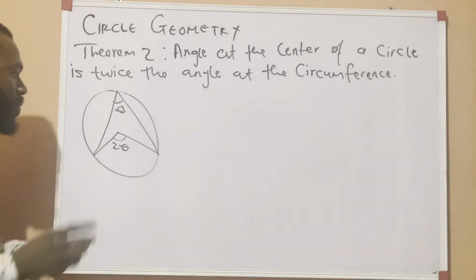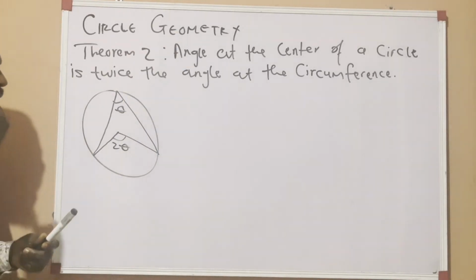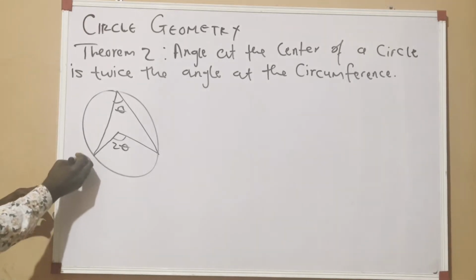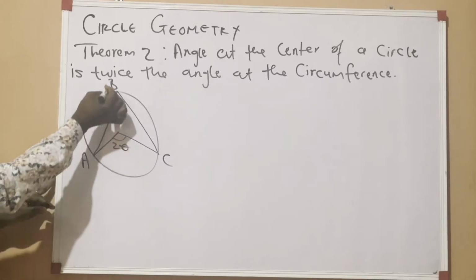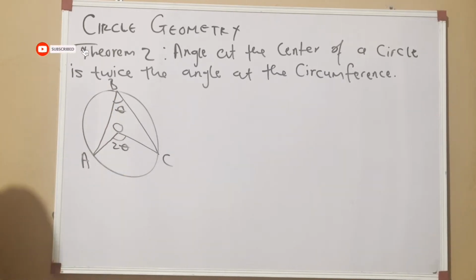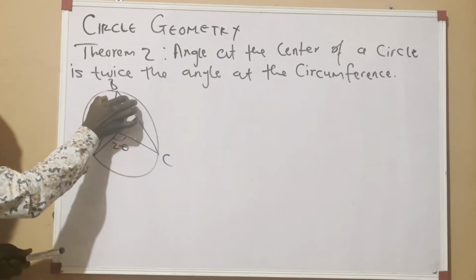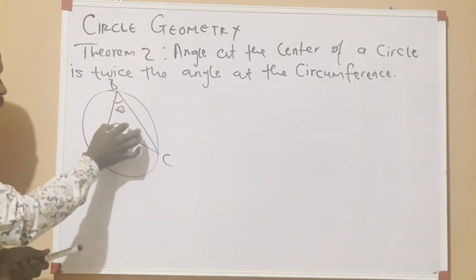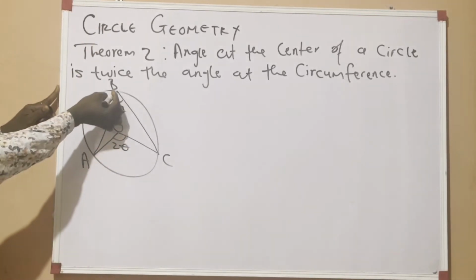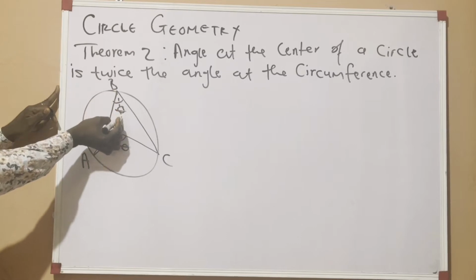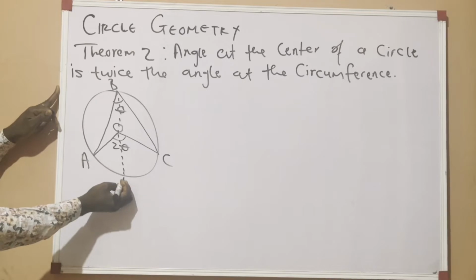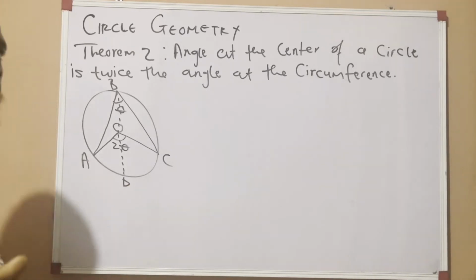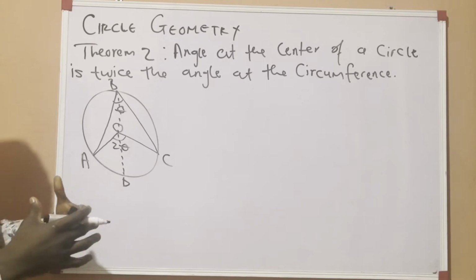So stay put. Now let us draw another diagram by introducing a third line. For instance, we have A, B, C, and then we have the center as point O. Now, we divide this angle at the circumference, which is angle B, which is theta, with a line to a point D. Let us draw another diagram so that it will be clearer.